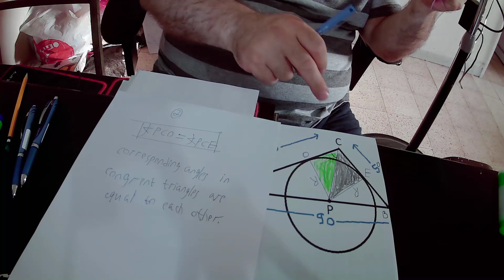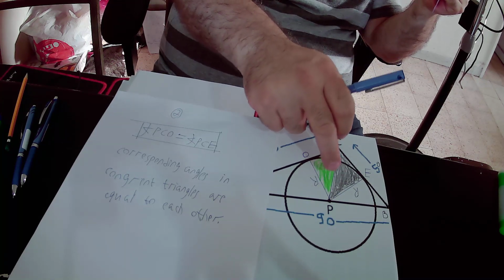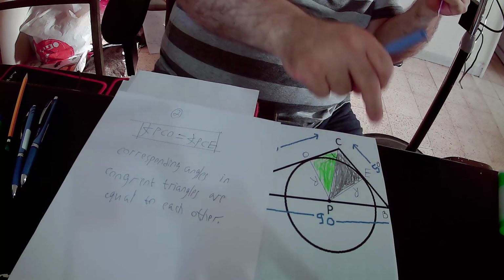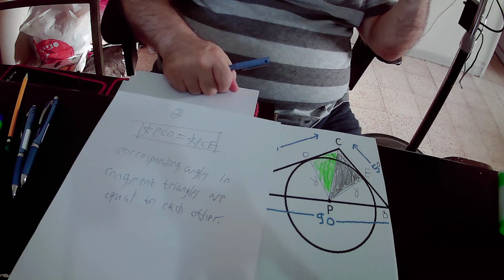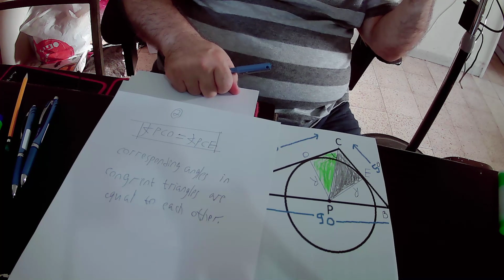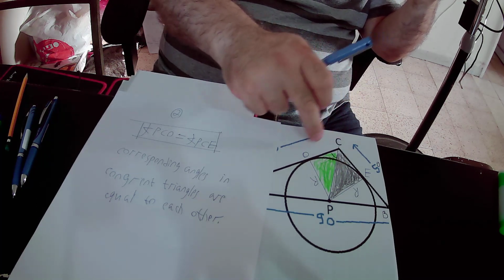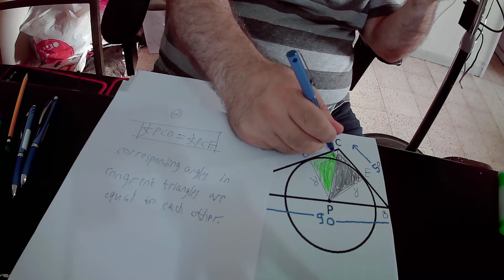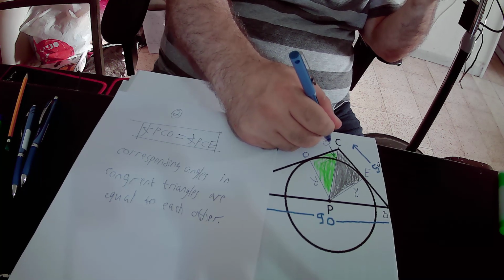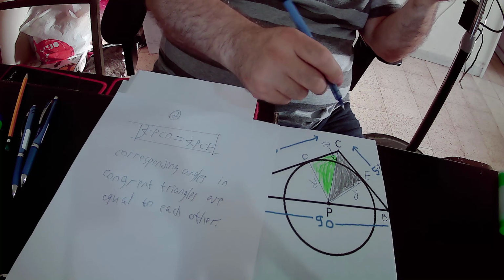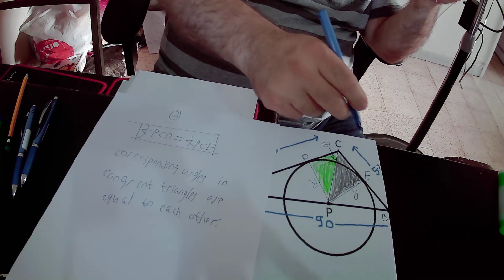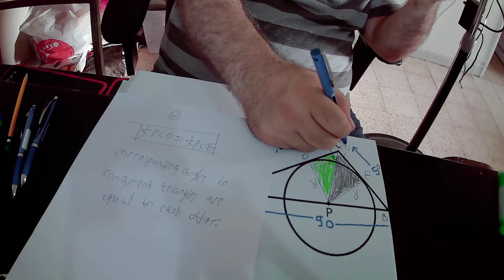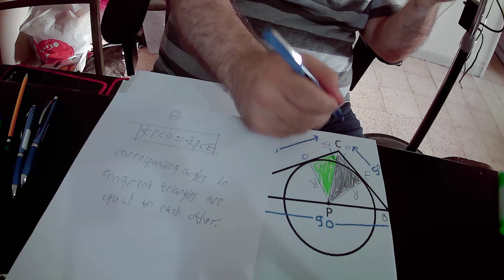For that reason, angle PCO in the green triangle is equal to angle PCE in the black triangle. So if we call angle PCO in the green triangle theta, then angle PCE in the black triangle will also be theta, because those two angles are equal to each other.